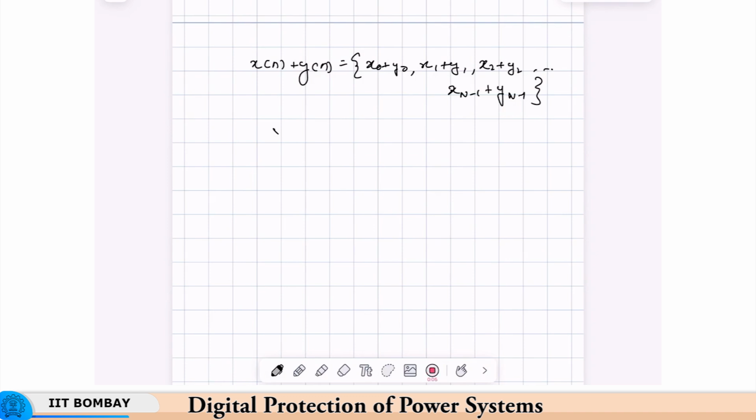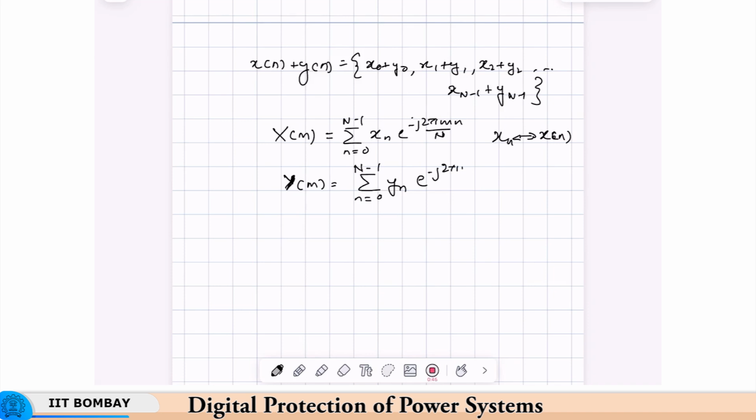Now, what is the DFT of, say, x n alone will be given by, now remember that we said that is the same as x of n, just for convenience that we are using this, and y of m is given by, okay.